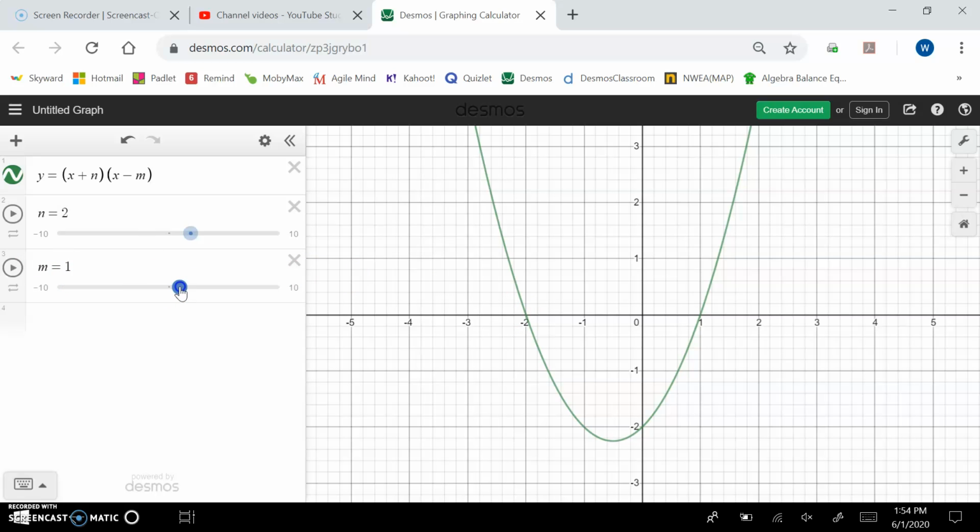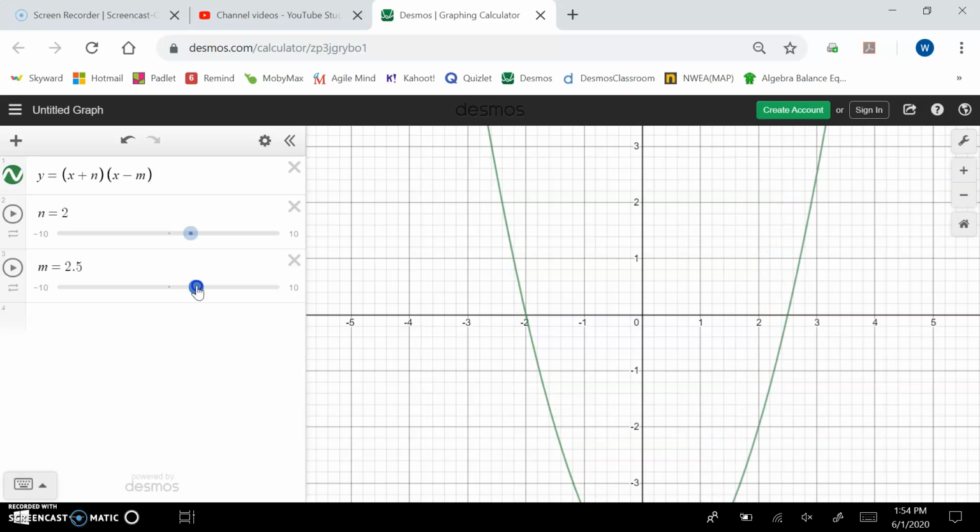If we change the other one, the x minus m function, if we change m, it shifts the other x-intercept. So if m is 3, you have an x-intercept at 3. So what these two pieces, the n value and the m value, are telling us are the x-intercepts.